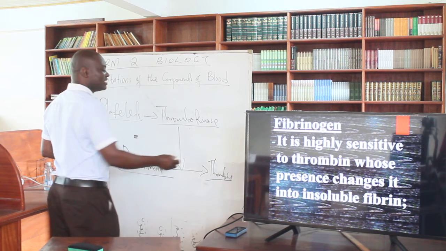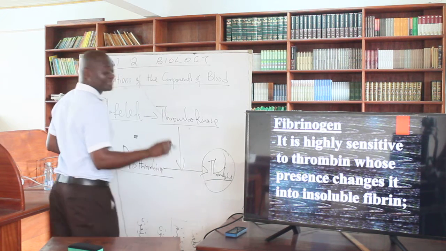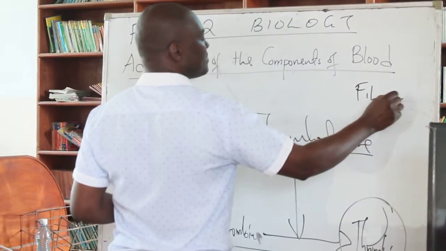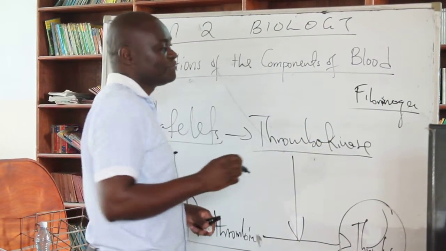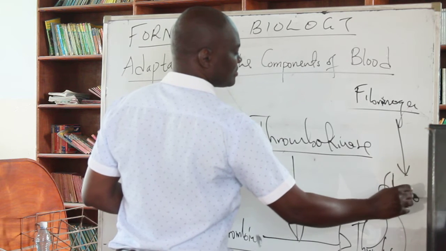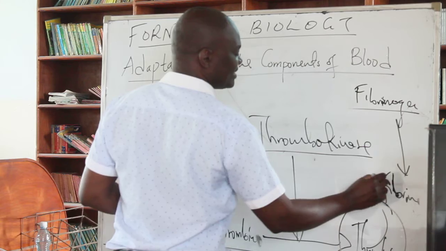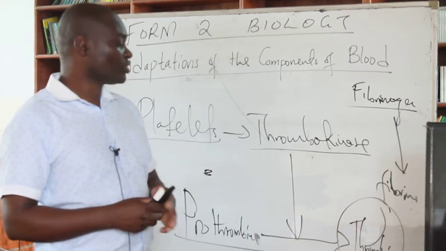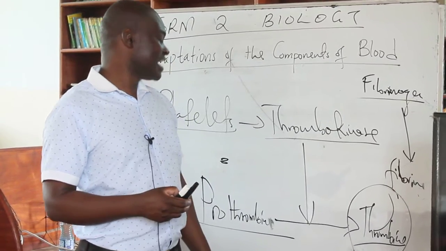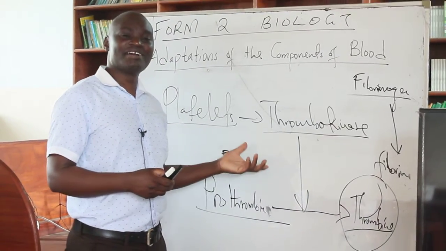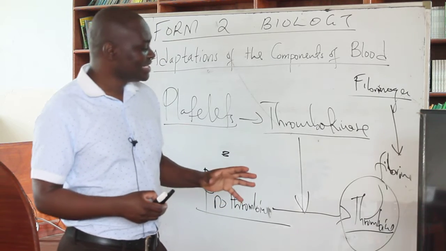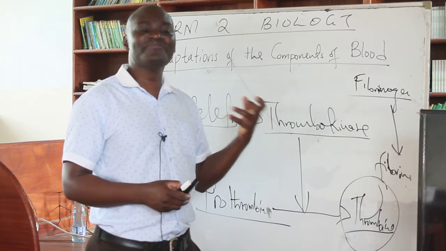So the fibrinogen, which is a blood protein, is converted to fibrin. So we are saying that one of the ways through which fibrinogen is suited for its function is because of its sensitivity.